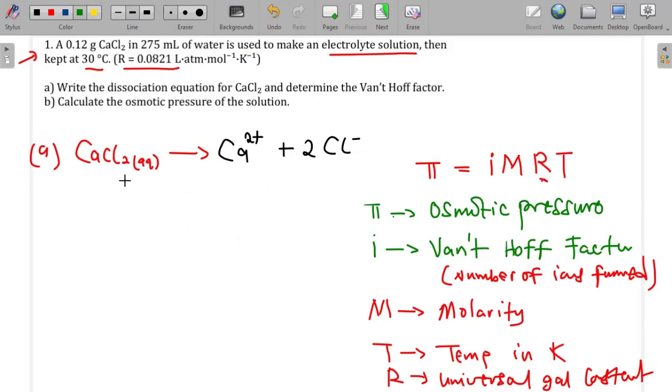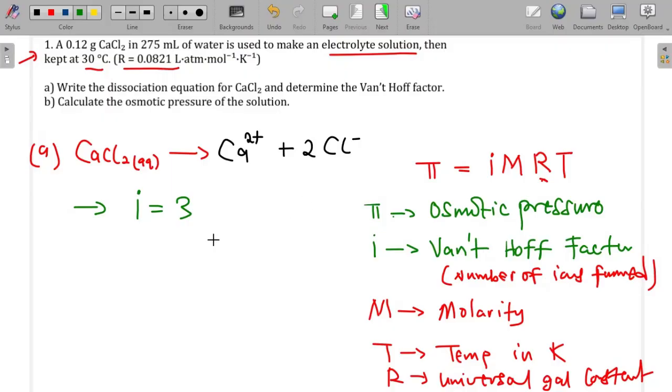So how many total ions do we have? We have 1 for the calcium and 2 for the chlorine, so i equals 3. Because we said the Van't Hoff factor is simply the number of ions formed when an electrolyte dissociates into its ions.